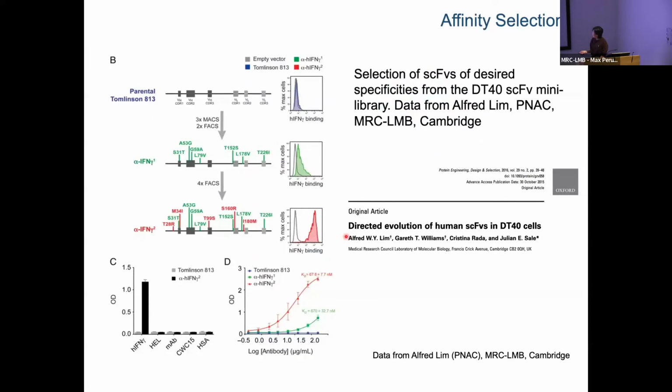Last but not least, the affinity selections. I don't come across affinity selections very, very often. This was done a few years ago by a former member of LMB. Basically, they established a system using DT40 chicken cell lines to select high binders to therapeutic proteins.